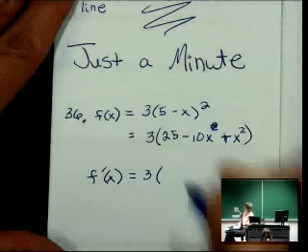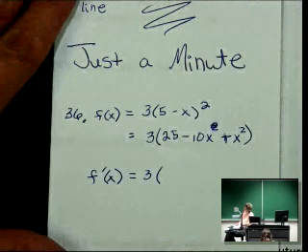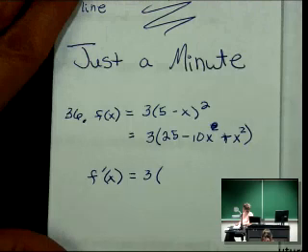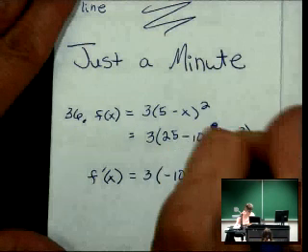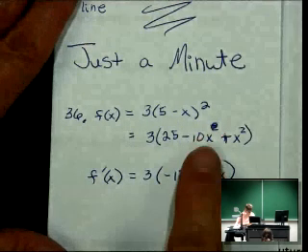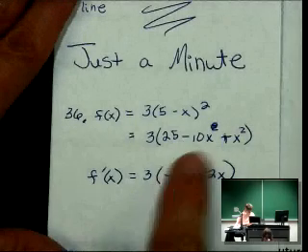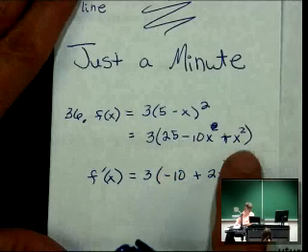What's the derivative of that function inside parentheses? Negative 10 plus 2x. Right. Negative 10 plus 2x, because the derivative of x is just 1, negative 10 times 1, and the derivative of x squared is 2x.